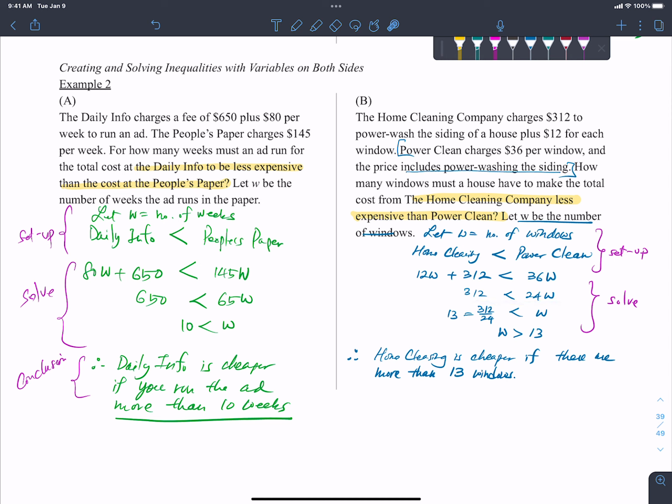And when you do that, that's 312 divided by 24, and that is equal to 13. So W has to be greater than 13 for the Power Cleaning to be more expensive or Home Cleaning to be cheaper. So Home Cleaning is cheaper if there are more than 13 windows in this case.